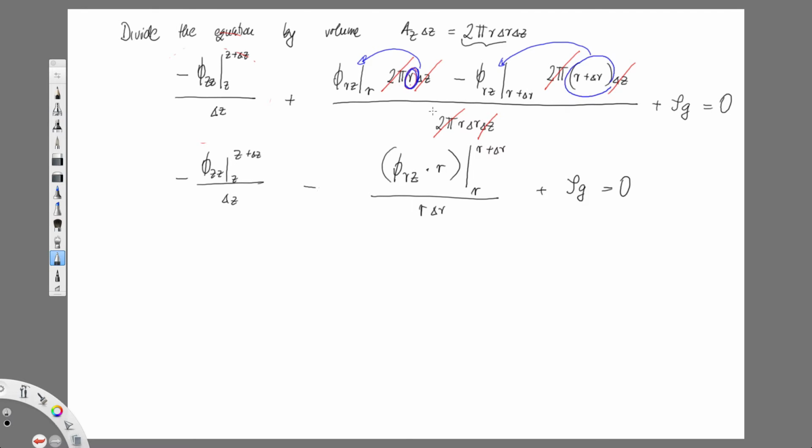But since this top term is a function of different r, I can't necessarily do that. Or I can, but then I'll get entangled in stuff I cannot get out from. So we're putting the r inside the derivative, because it is a function of r. It's not independent, so I can't leave it outside. Is that divided by r times delta r? Yes.